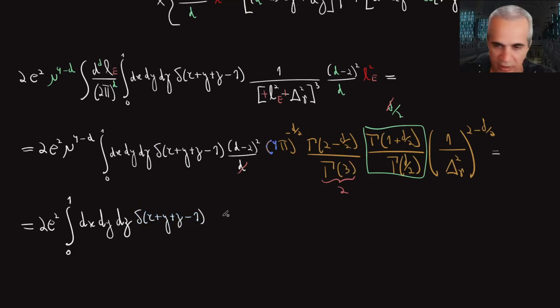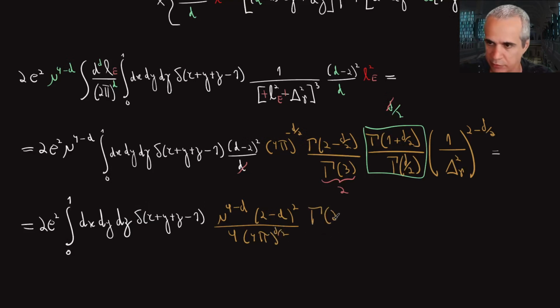Again, I'll put it in yellow, so mu to the 4 minus d, which is epsilon, 2 minus d squared over 4. This 4 is just this times this, 4 pi to the d over 2, gamma of 2 minus d over 2 over this delta right there. Let me see if I can fit it down here.